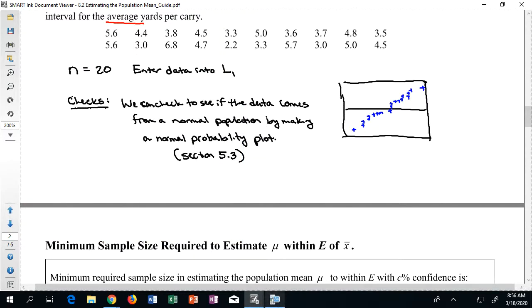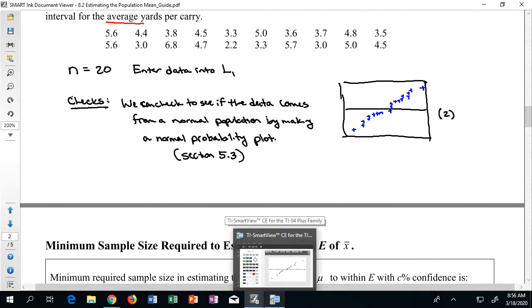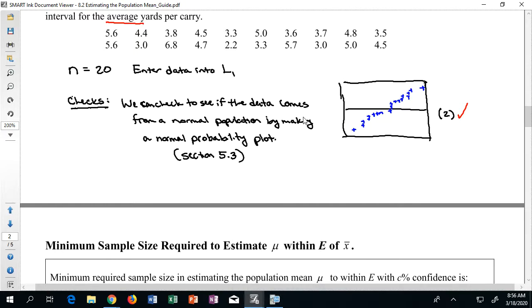And we'll say, since this looks roughly linear, we know we can go to check number 2 and check that off, which seems reasonable that the data comes from a normal population. So we'll say the data likely comes from a normal population. So our check is met.